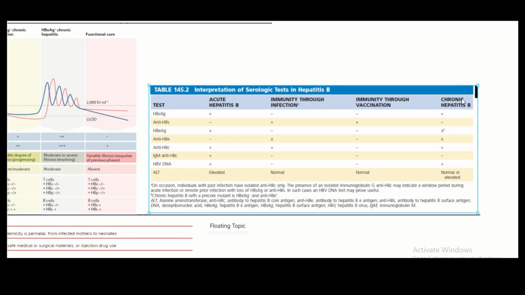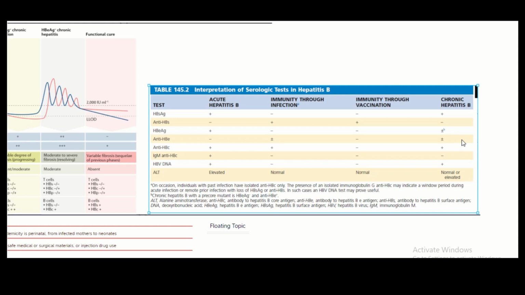The same goes for HBe and anti-HBe, since the virus can be actively replicating or not, or since we can have the mutant type of HBe without HBe antigen, or we can have the normal. But the thing to remember is that within chronic hepatitis, we will always have anti-HBc without the IgM since it's chronic. And we will always have the HBs antigen and the HBV DNA.